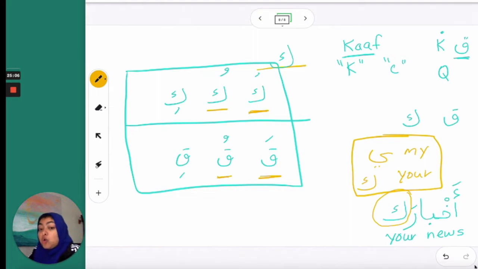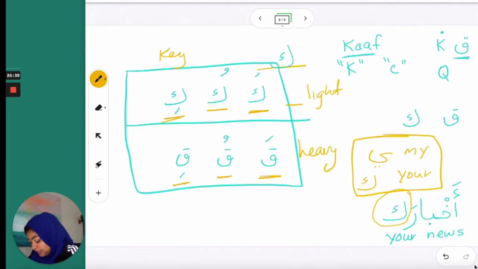There's no English equivalent for that. Ki, like key. So ka, ku, ki. Make it heavy. Qi. Ki, qi. Ka, ku, ki, light. Ka, ku, qi. So all of these are heavy and these are light.